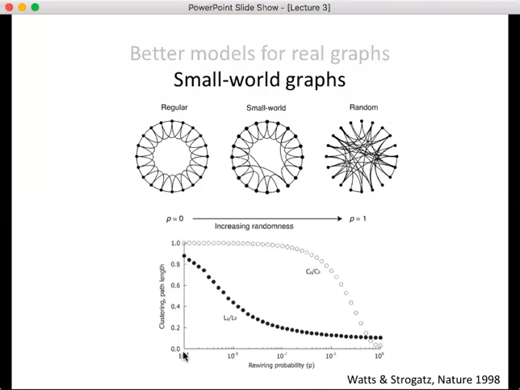So if you rewire one connection out of 1,000, or one out of 100, the clustering coefficient is still very high. But rewiring just a very few connections permits you to create shortcuts from one side to the other of the network, like you can see here.